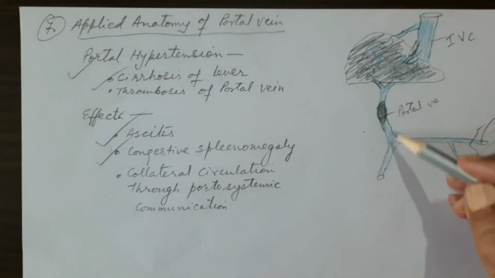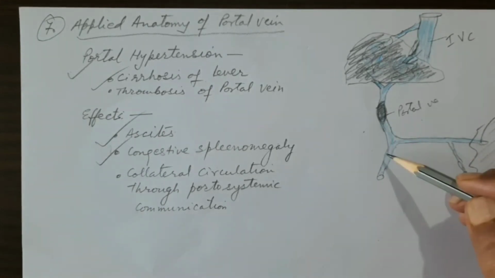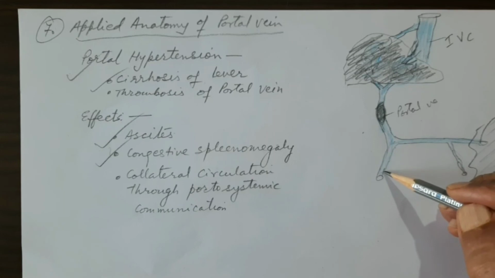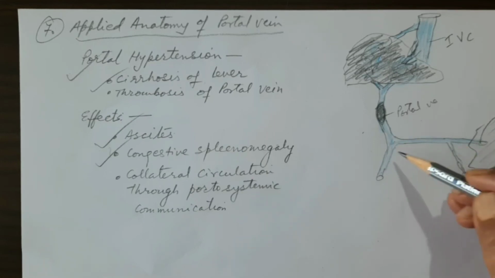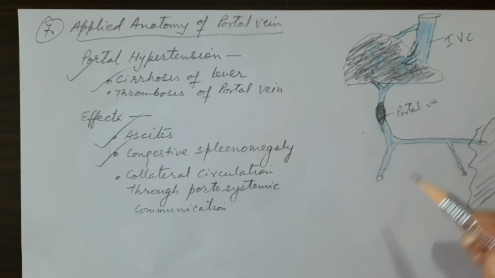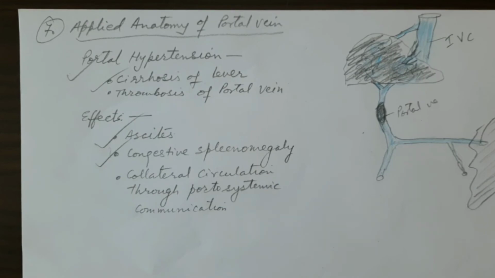Now, because of this increase in pressure, there are certain sites in the body where there is an anastomosis between the systemic veins. Systemic veins are veins which drain their blood into the vena cava, either superior or inferior.